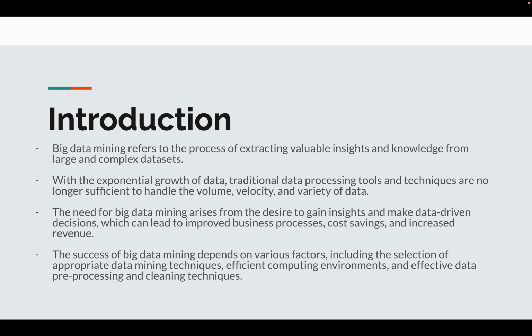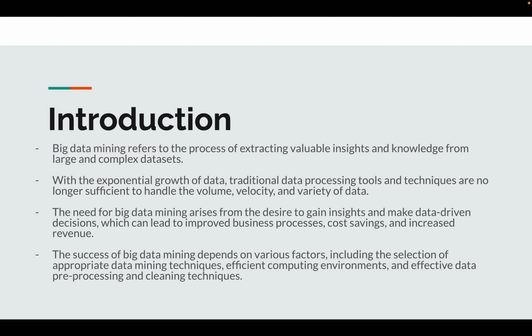The sheer volume of data that is being generated on a daily basis presents a lot of challenges, including the need for efficient processing and analysis methods. Data mining provides a means to extract valuable insight from these large data sets, with the goal of uncovering patterns and trends that can inform decision making processes.